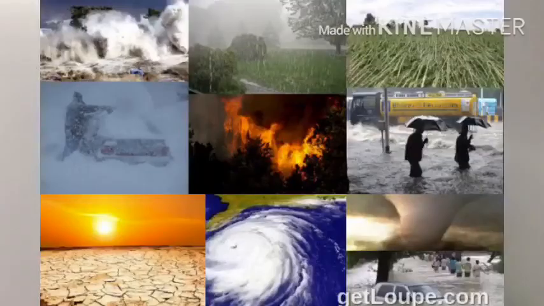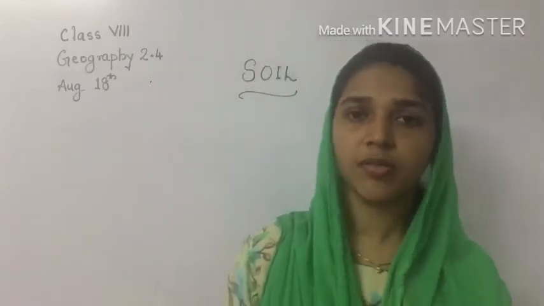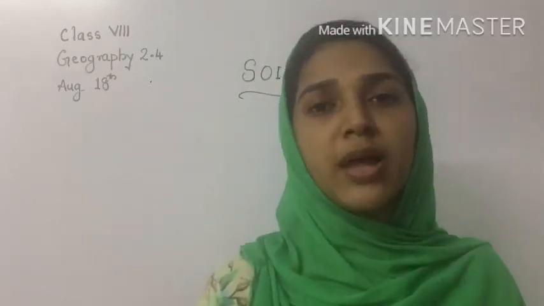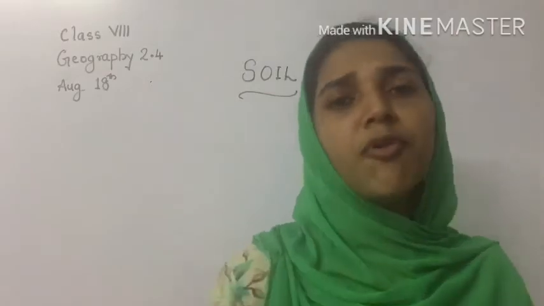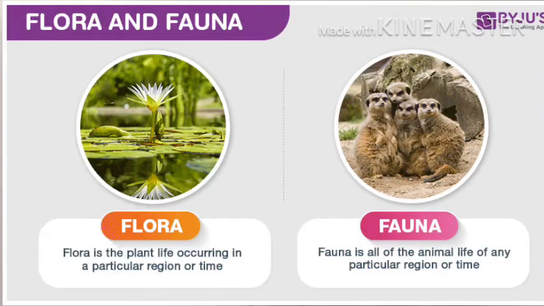And second one, climate: temperature, rain, wind, the frost actions. This will affect the weathering and it helps the formation of soil. Now, flora, fauna and microorganisms. Flora means the particular plants that grow in a specific area.